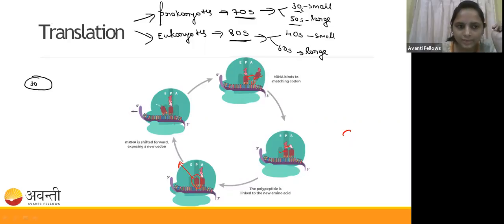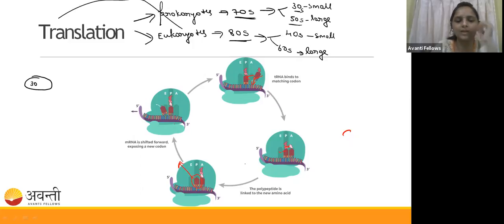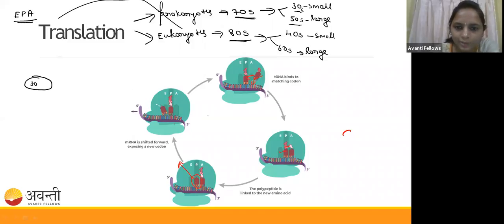Can you tell me which sites the 30S subunit has? Answer me in the chat box. That is the E, P, A sites. You can see it in this diagram also, guys.